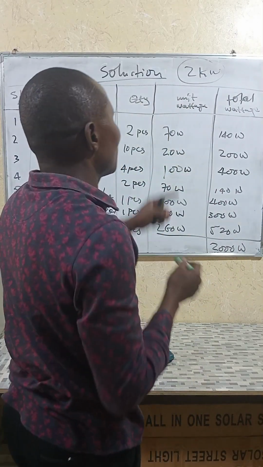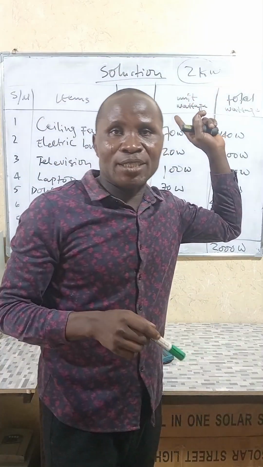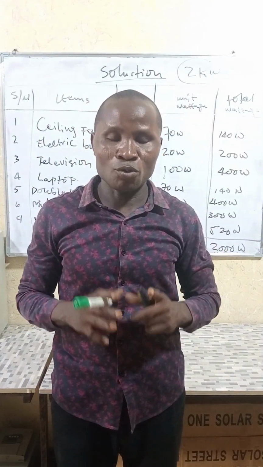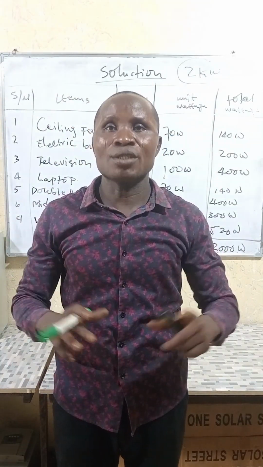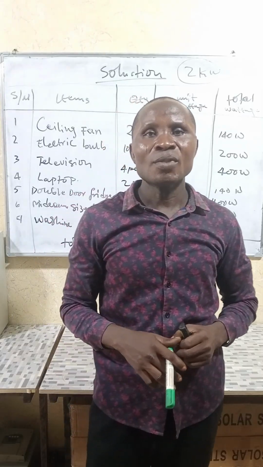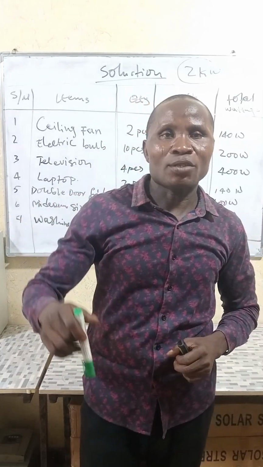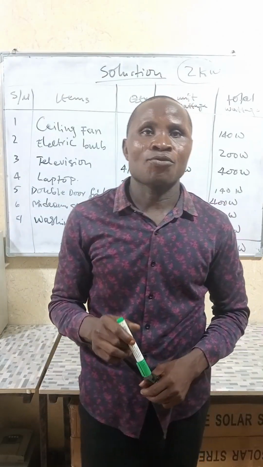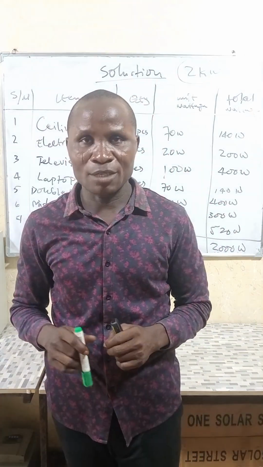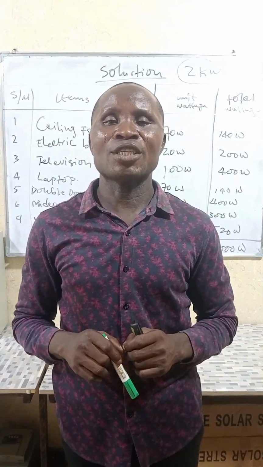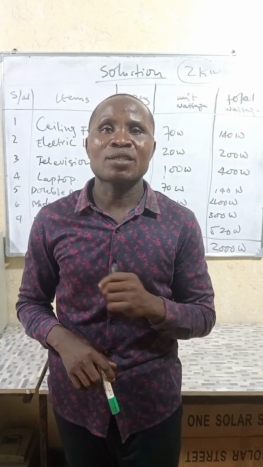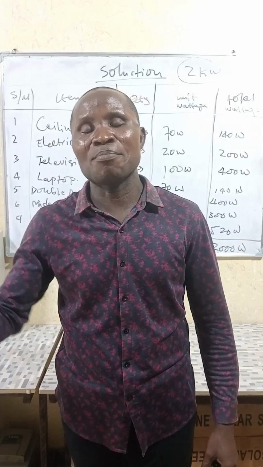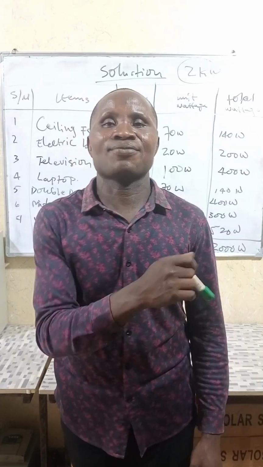So this is the active power, the usable energy, that we are going to use for the calculation. Power factor in a solar system is the ratio of active power, that is the usable energy in kilowatts, to apparent power. The apparent power is the rating of the machine, the inverter itself.